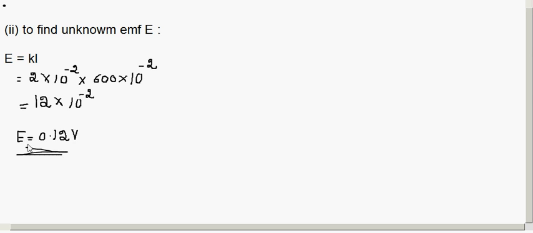Similarly, we found potential gradient K is 2 into 10 to the power minus 2 volts per meter. The unknown EMF we easily found using the principle of potentiometer. E is K into L, where L is given, you have to convert centimeter to meter. So if you do that, we will get the unknown EMF E as 0.12 volt.